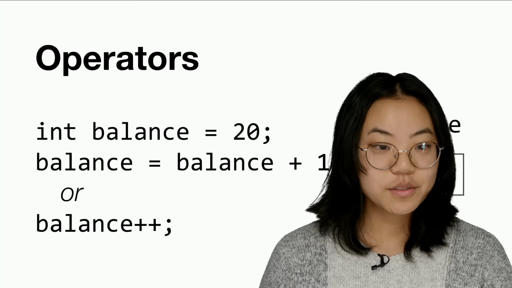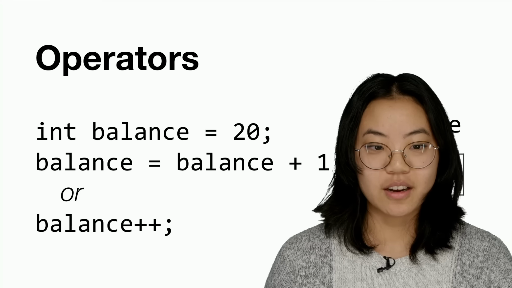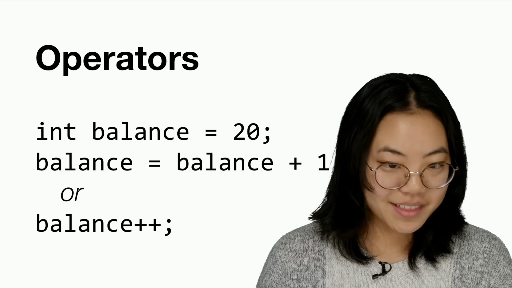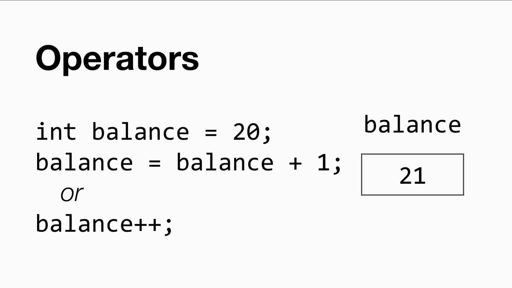Okay. We can also do a number of operations on our variables, just like how you've normally done in math. We can increment. So if I wanted to add 1 to balance, I could do balance equals balance plus 1. Or another easier, quicker way of doing so would be balance plus plus semicolon.